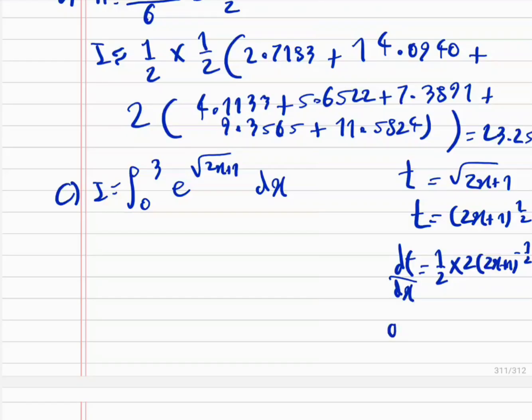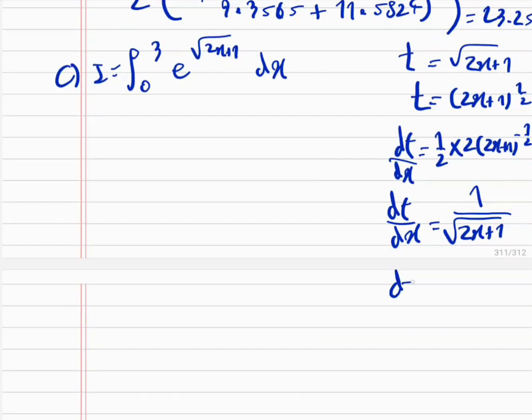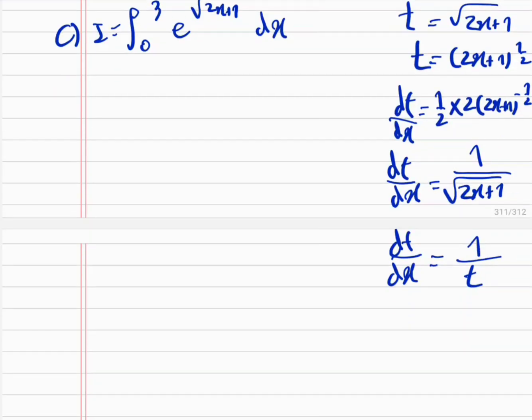Then dt by dx is equal to 1 over root 2x plus 1. Now it's interesting because root 2x plus 1 is equal to t, so dt by dx is equal to 1 over t. And of course we need to rearrange this and make dx the subject, so dx is equal to t dt.